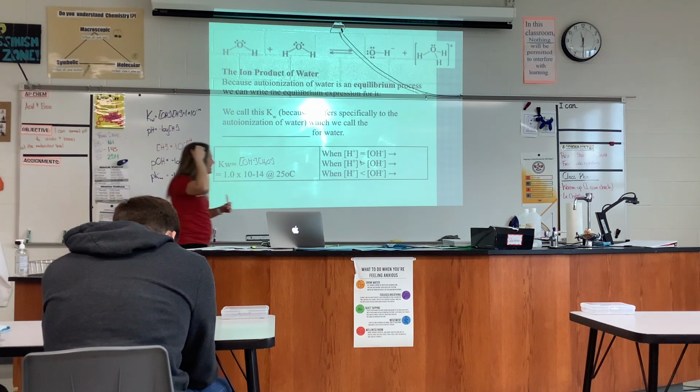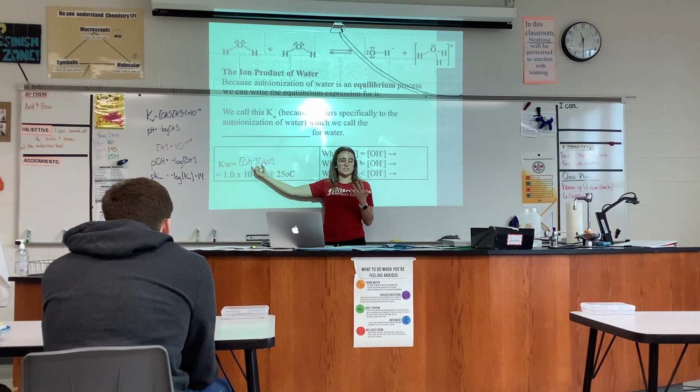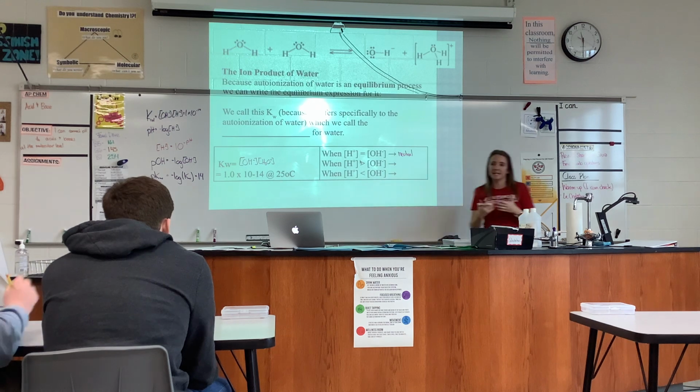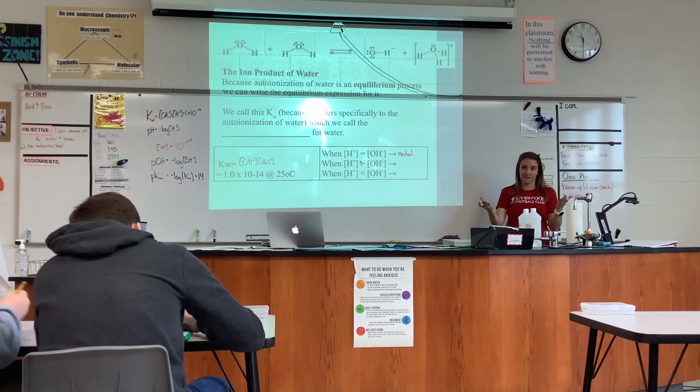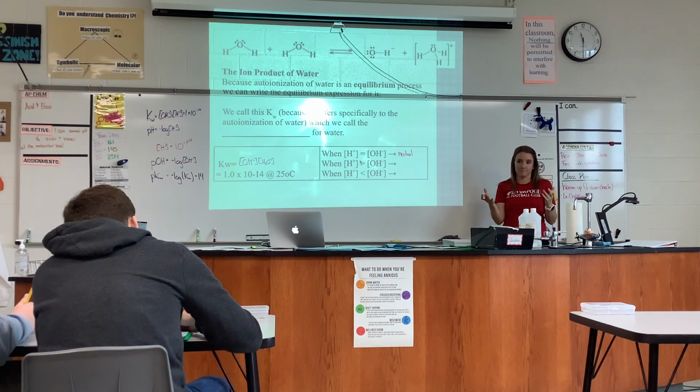This ratio is what's going to lead us into the pH scale of acids and bases. When these two things are equal, that's when we classify a substance as neutral. In pure water, they have to be perfectly equal to be said as neutral.